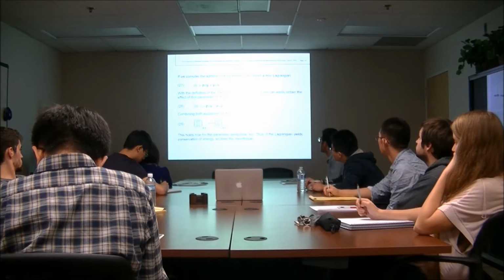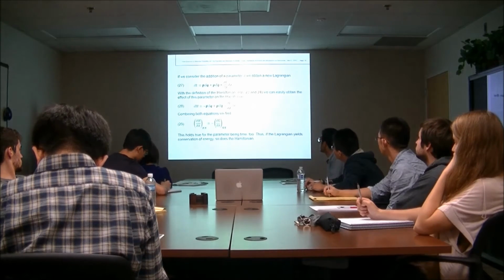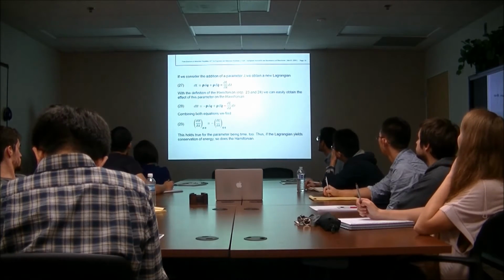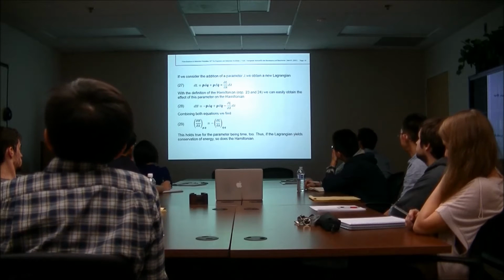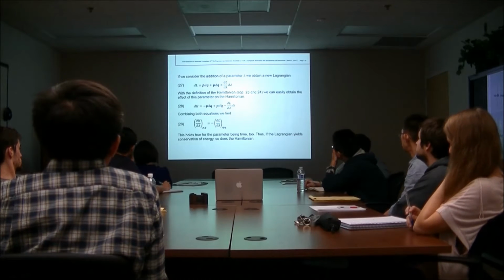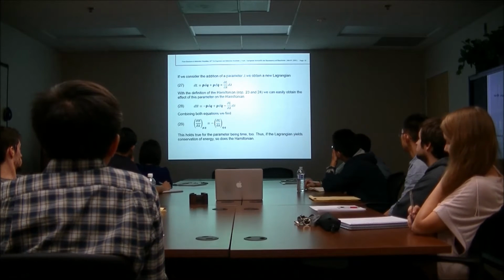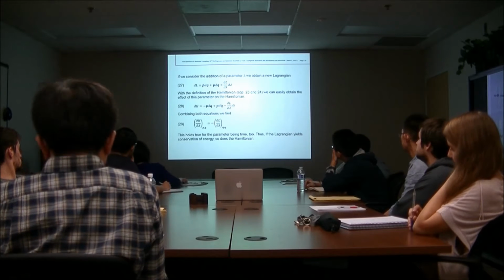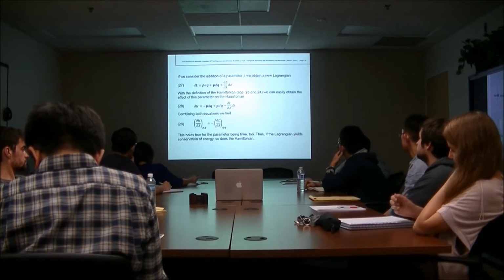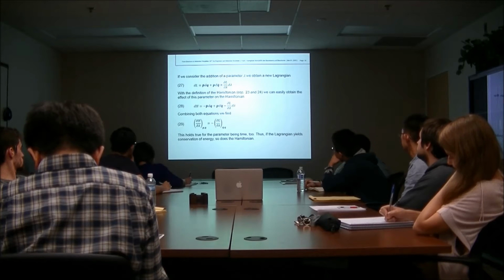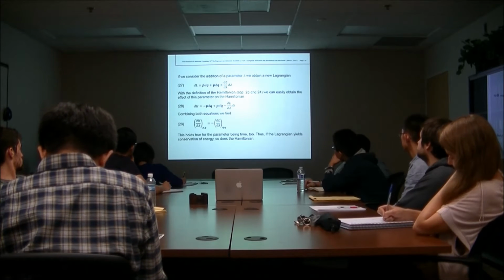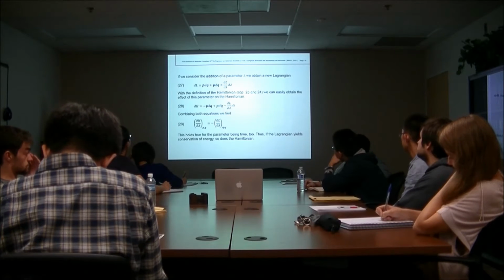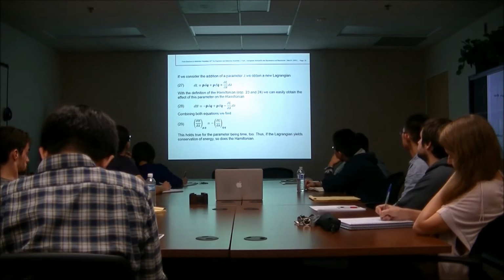Finally, I want to show you some really important stuff. If we add another parameter, it may be an external force or whatever, it doesn't matter what it is, then we can extend our Lagrangian without any problems. It's just the derivative of the Lagrangian with respect to this parameter, and then we integrate over it.